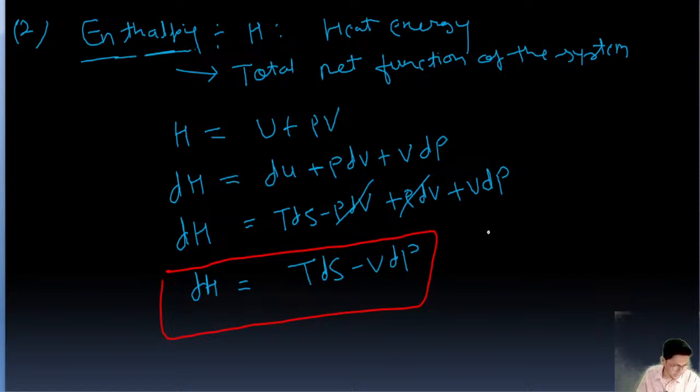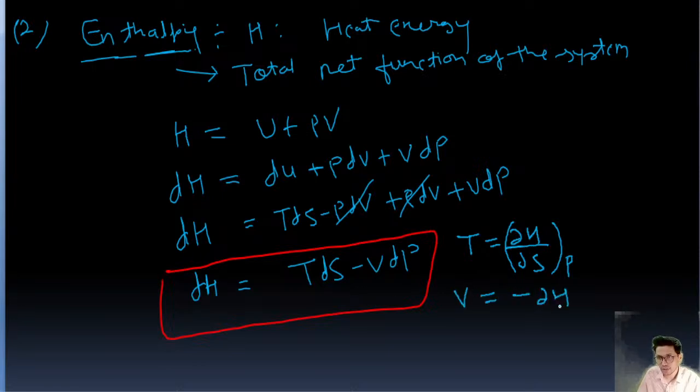So from here you can get T. T is going to be del H upon del S at constant P. Constant P means this is 0. And similarly, the value of V is going to be minus del H upon del P at constant S. Have you made any mistake?